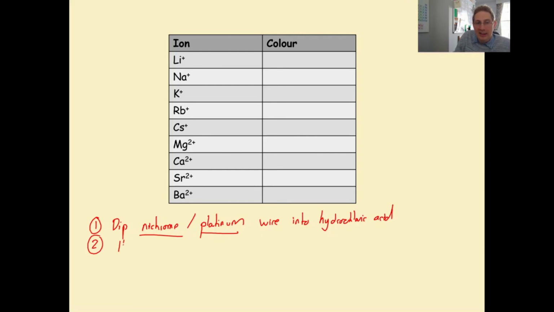Two, heat in a roaring blue Bunsen flame to clean. If you want, you can say repeat as necessary.